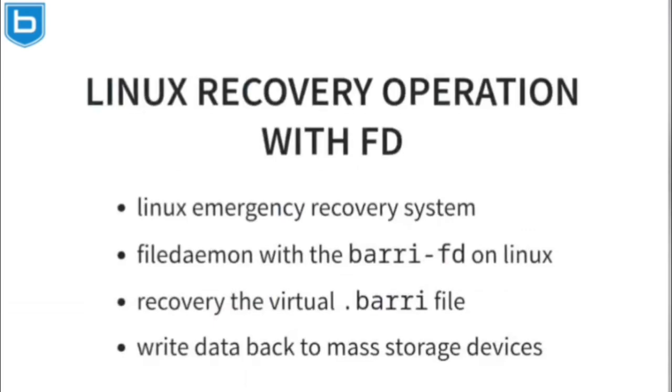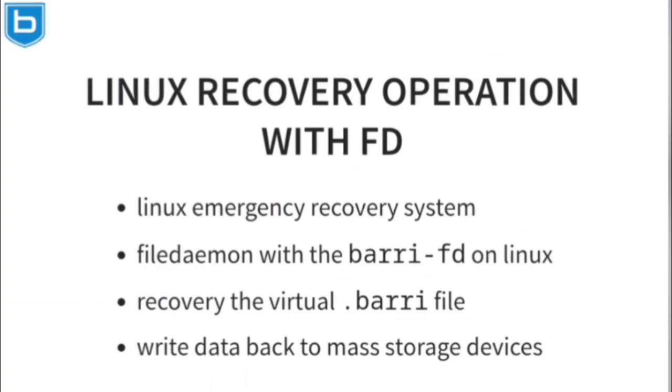So, how can we recover what we have backed up? One option to recover it is to start up a Linux emergency recovery system that will have a Linux file daemon configured together with the file daemon plugin. And then we can just select the recovery image to be recovered.